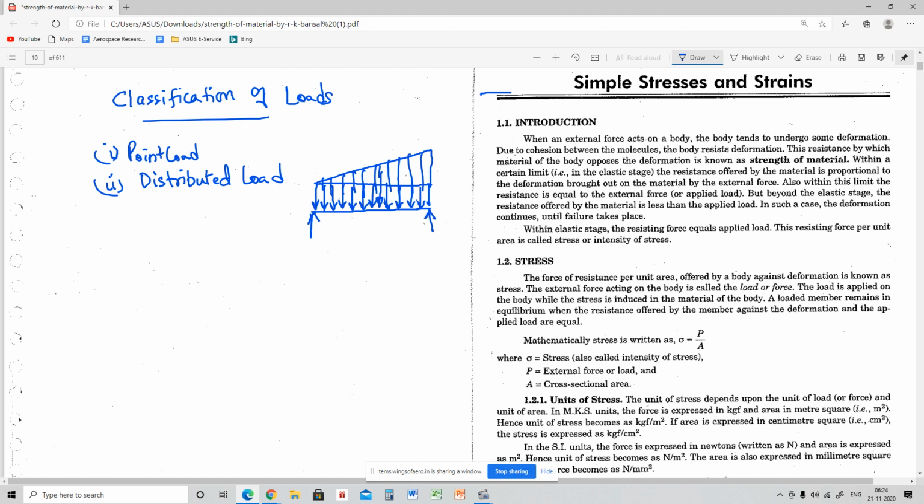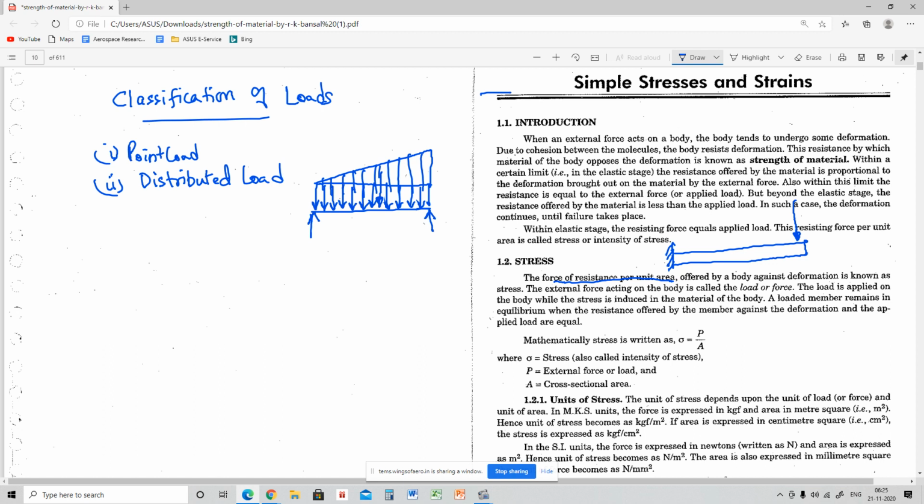Now we will start with what is stress. Stress is defined as force per unit area. Whenever I'm telling formulas, please simultaneously note them down. Now how does stress occur? Let's consider a cantilever beam, and I'm applying a load at the tip of this cantilever beam.